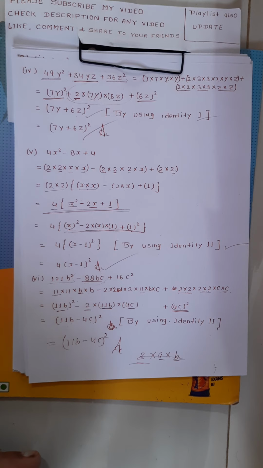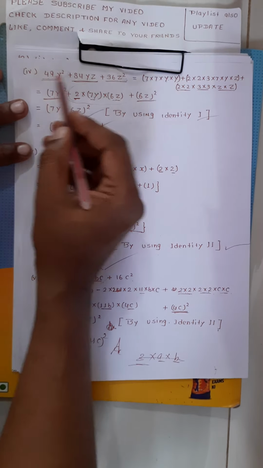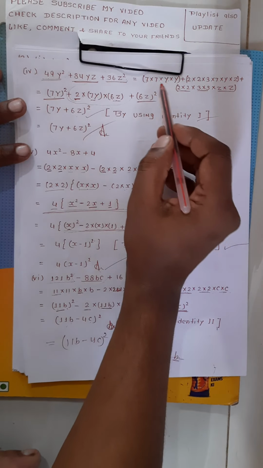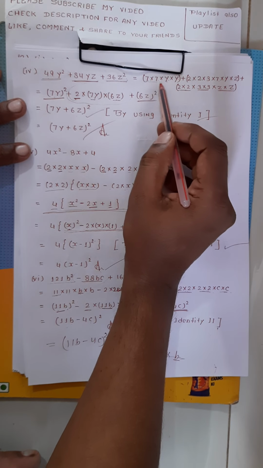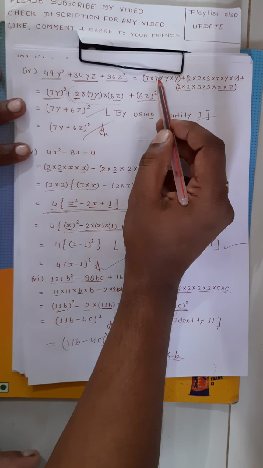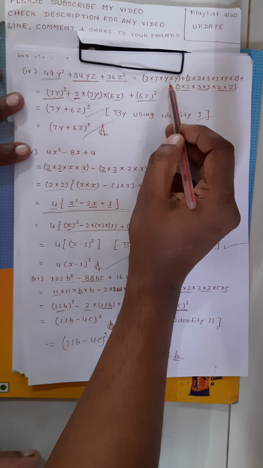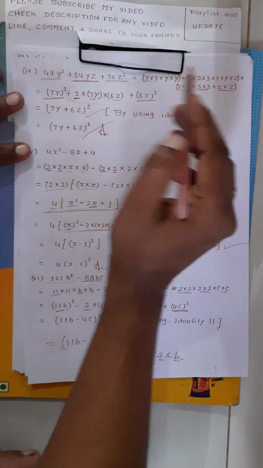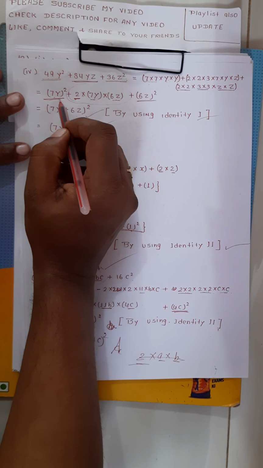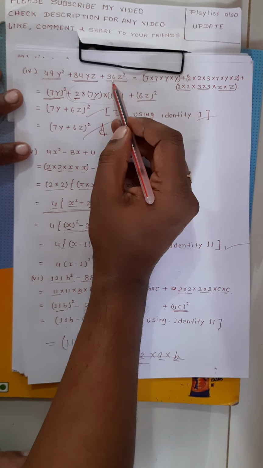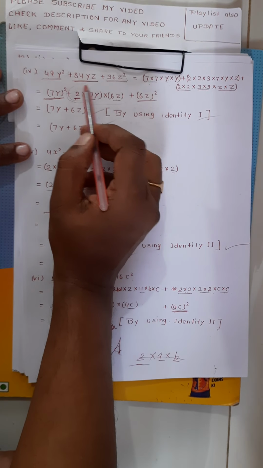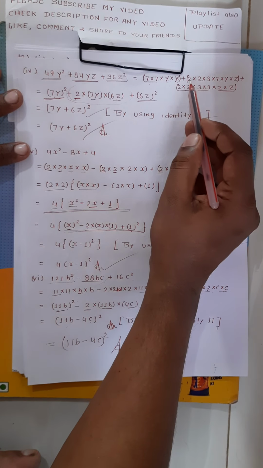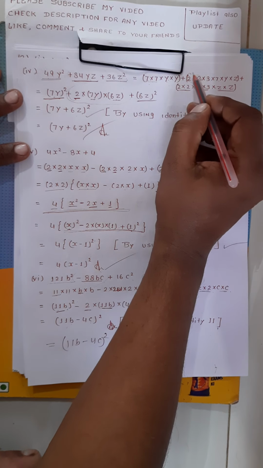For identity number first, we need 2 perfect square terms. So for the 49y square, we can write 7 into 7 into y into y, which means whole square of 7 and whole square of y, that means whole square of 7y. For 84yz, there are 2 number of 2, so we can write it as 2 square.